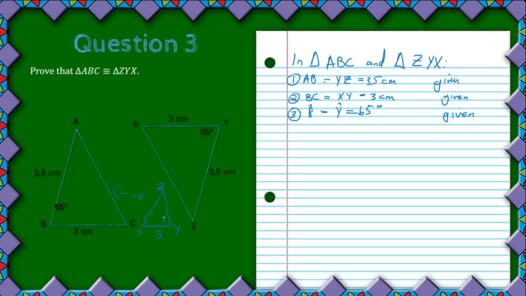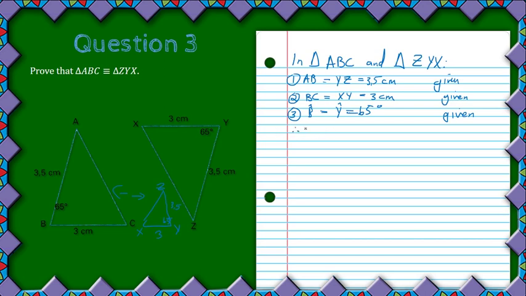So this 65 degree angle lies here. We've got the 3.5 over here and the 3 at the bottom. So we can see that this is actually a mirror image because my 3.5 is on the outer sides, my 65 degrees are both on the outer sides, and then the 3 is at the bottom. So that was just to confirm that we do have the right angles and sides.